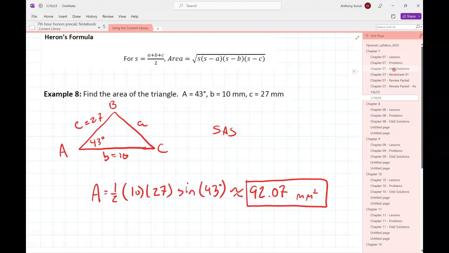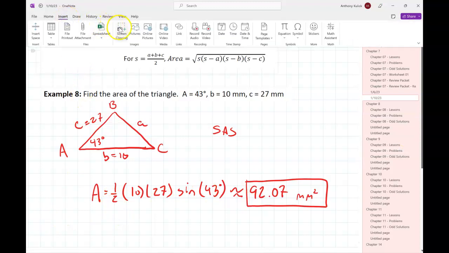If I gave you a unit attached to the problem, I better have a unit on my answer. If it's an area, it needs to be a square unit. If it's a length, it needs to be a linear unit. Volume, not in this chapter. We do a volume and surface area chapter later, but not in this chapter.